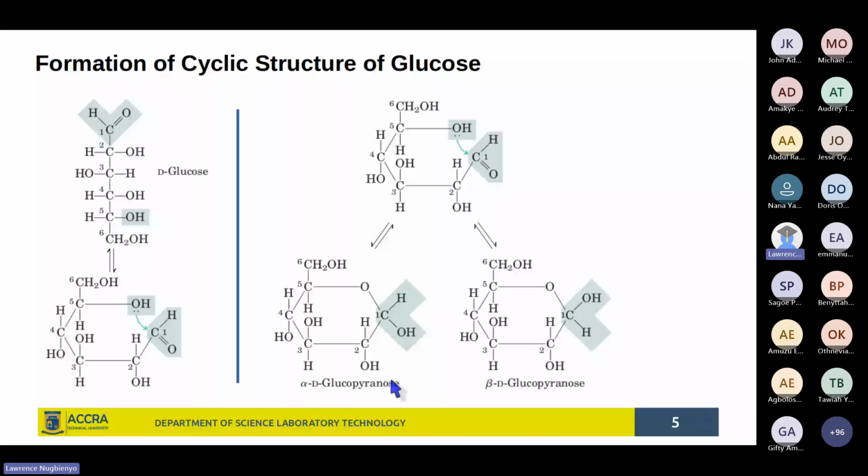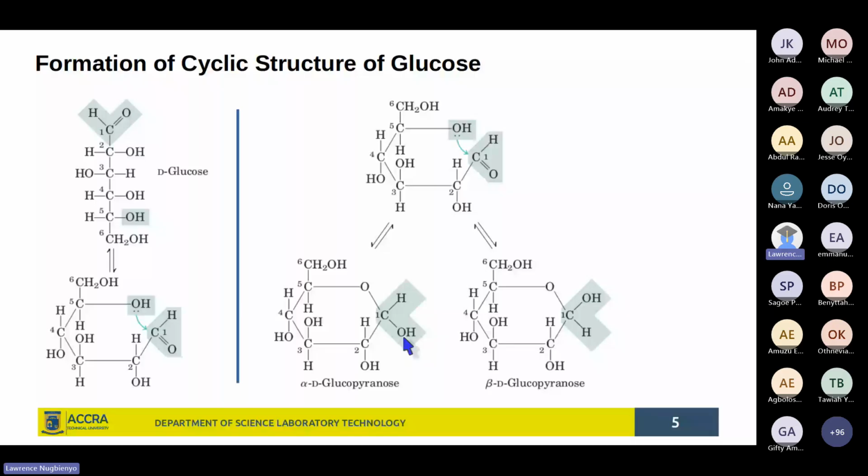And then you can also take note of the fact that the glucopyranose, which is formed on the left-hand side, is being referred to as the alpha isomer. So you see the name down there is alpha D-glucopyranose. And you notice the hydroxyl group is facing downwards.